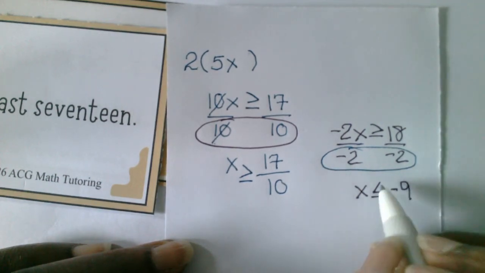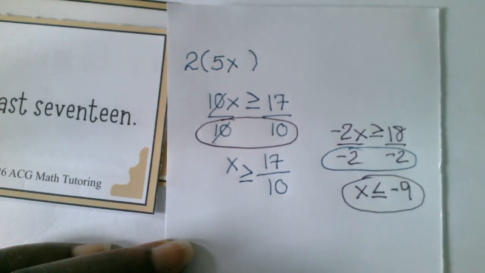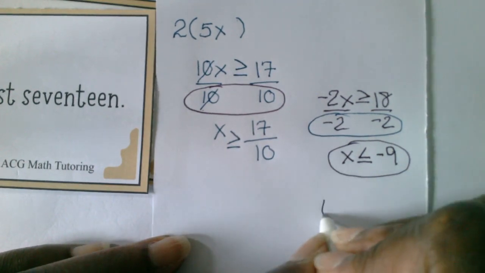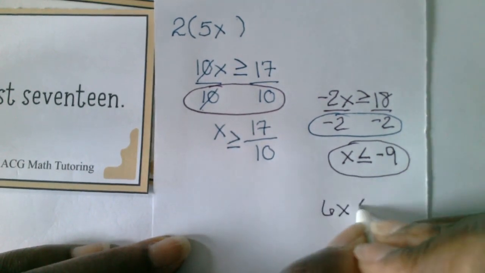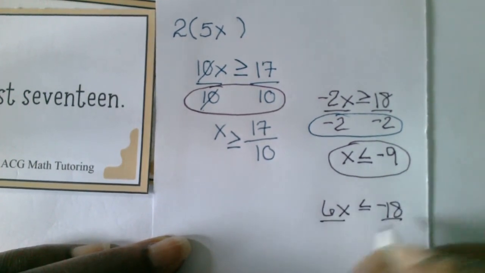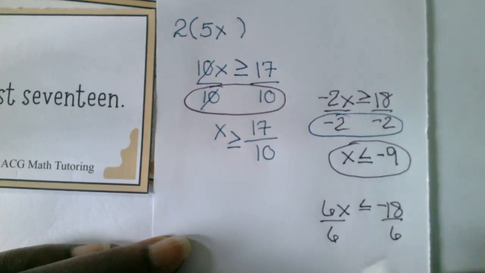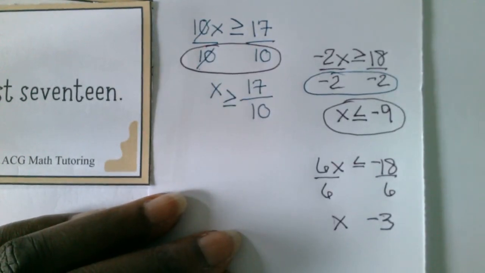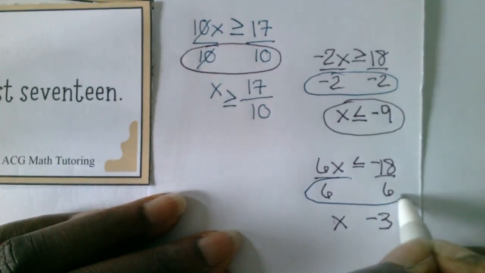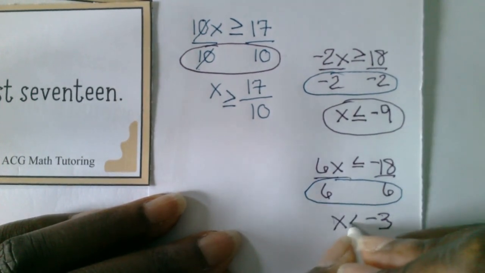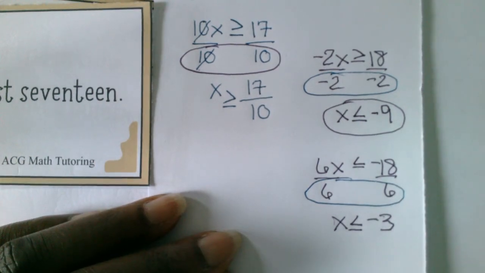That's when you flip it. It doesn't matter if the answer is negative. Like if I said 6x is less than or equal to negative 18, if I divide both sides by 6, I got my x, I got my negative 3. But I did not divide by a negative number, so my inequality is going to stay the same.